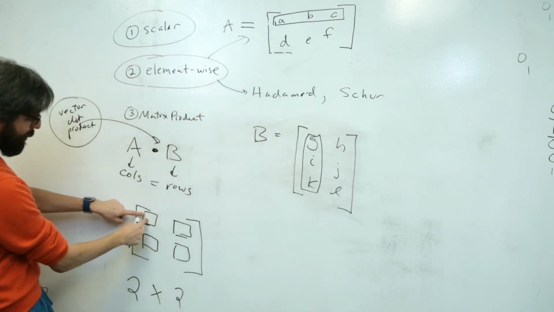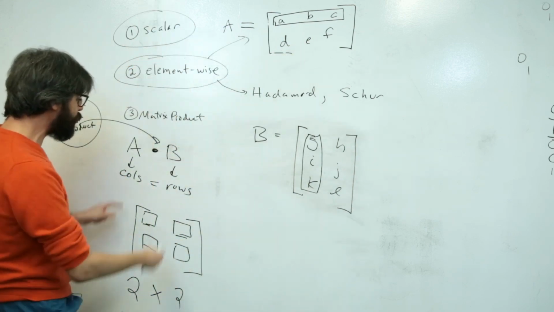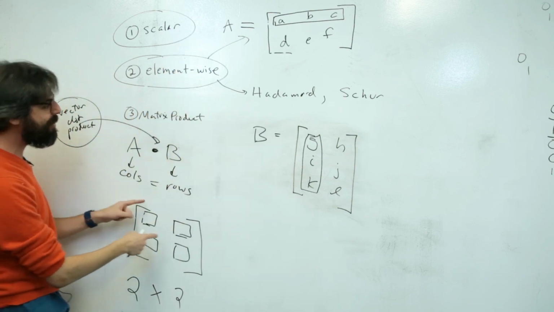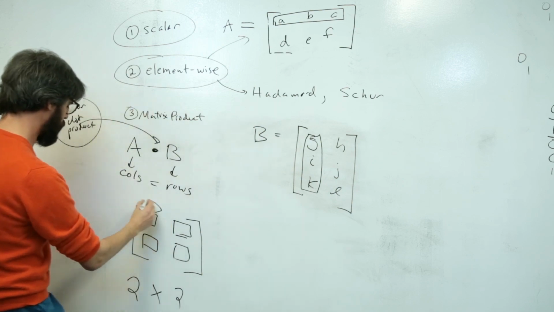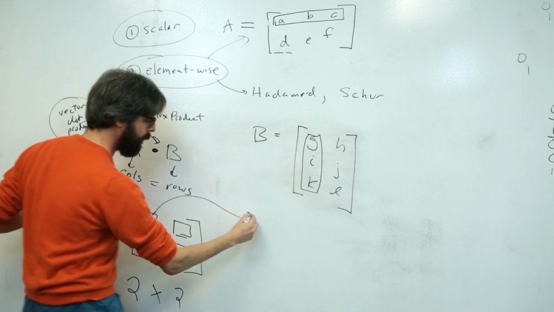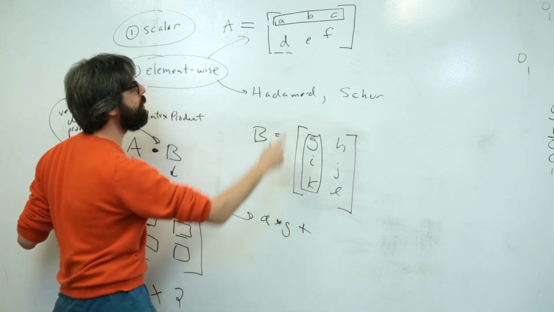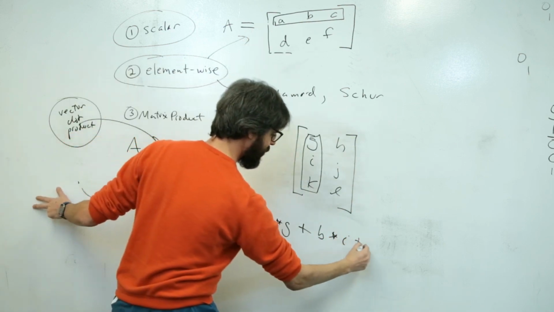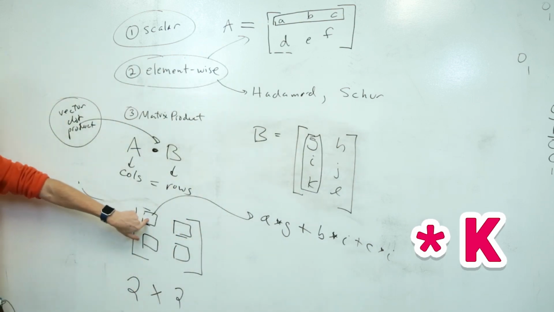This first element, I got to get the first row of A and the first column of B. That's why they have to have the same number of rows in B as columns in A. So this value here is the dot product of these two vectors, which is A times G plus B times I plus C times K. Okay, so that's this element here.